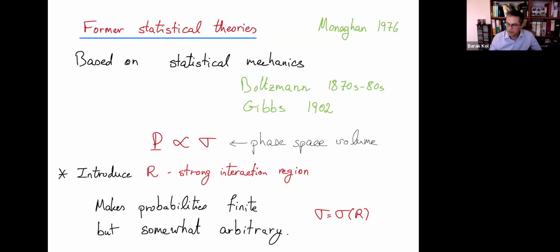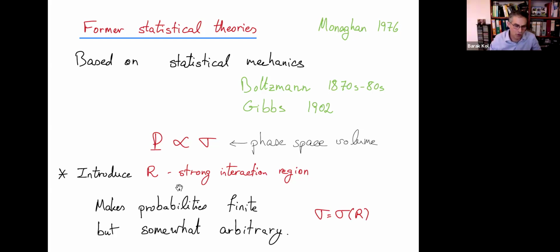Now, statistical theories were suggested as early as 1976 by Monaghan, Joe Monaghan, today from Australia. It was based on statistical mechanics of Boltzmann and Gibbs, where we associate probability with phase-space volume. However, there was infinite phase-space volume because it's unbounded.